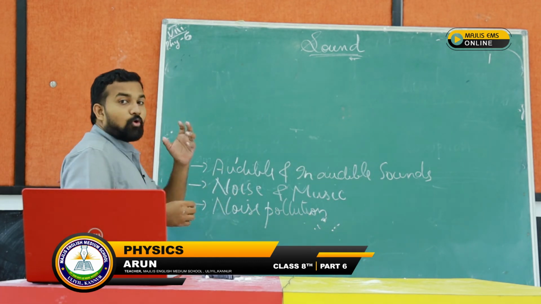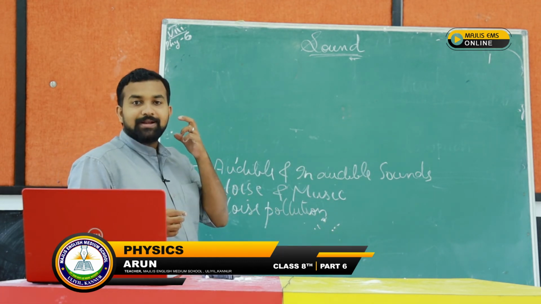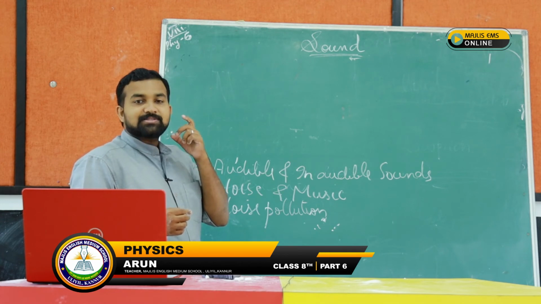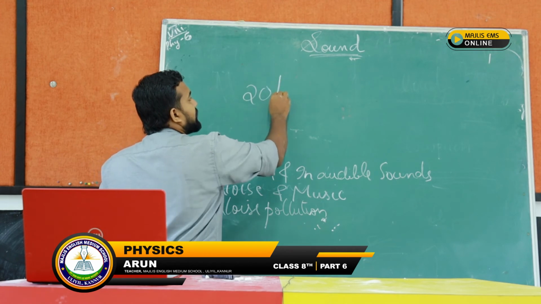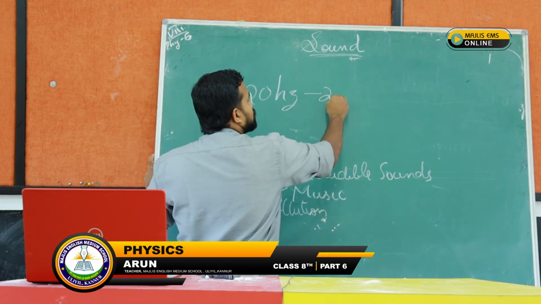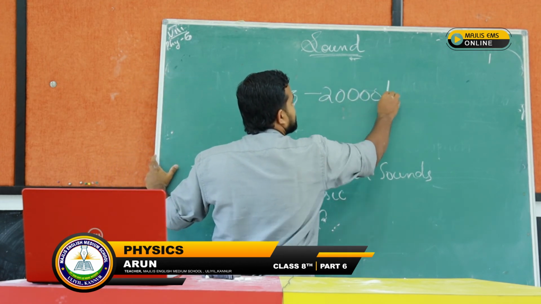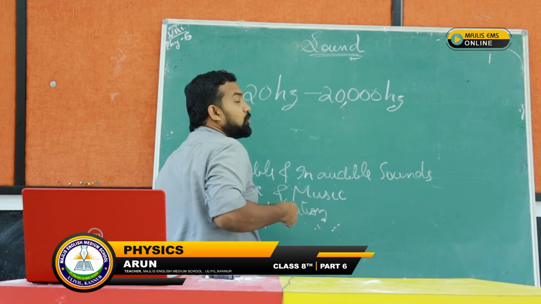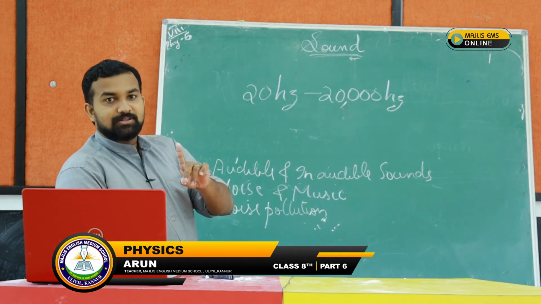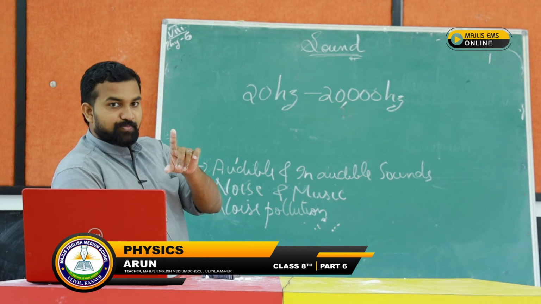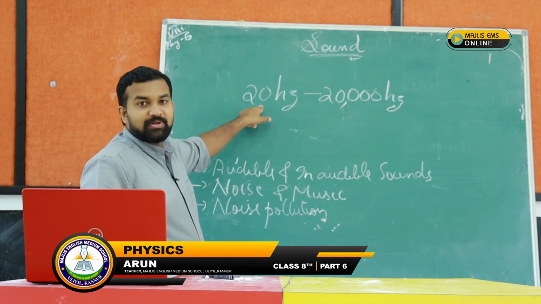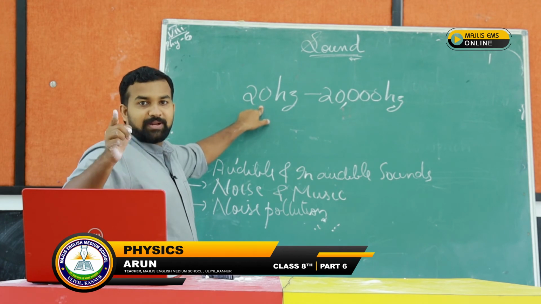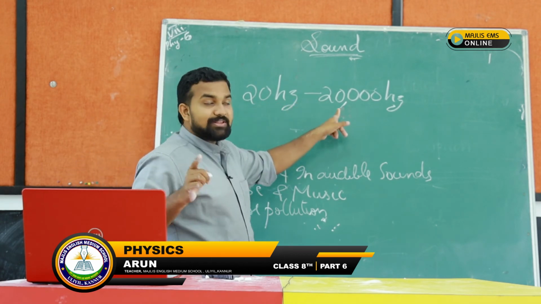Because for a human, the sound range which we can hear is only from 20 hertz to 20,000 hertz. That means a sound having frequency 20, that means in 1 second 20 vibrations, to 20,000 vibrations.